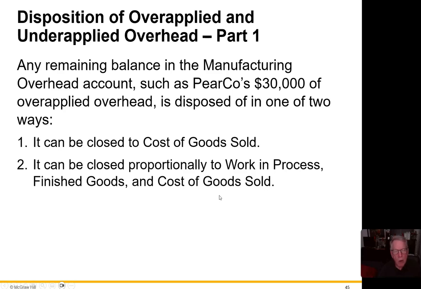In this course, I won't ask you to do that, other than just be aware that if it's a material amount of unapplied overhead, whether over or under applied, then we would do it the number 2 way. Hopefully that won't affect you in the real world.